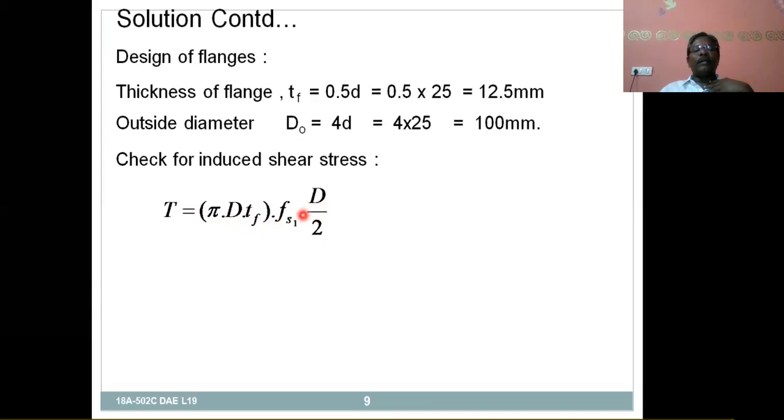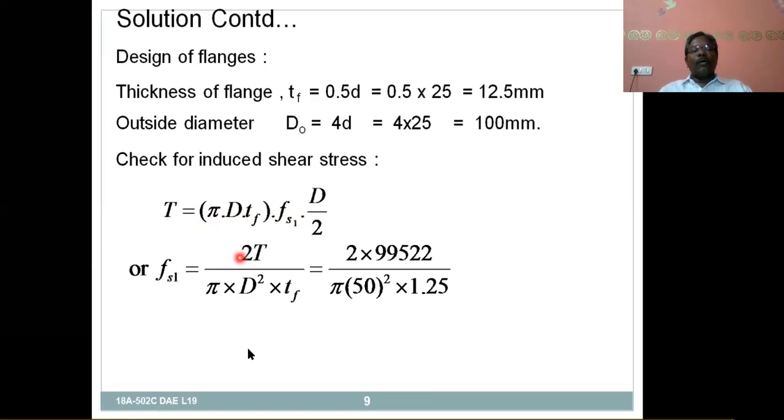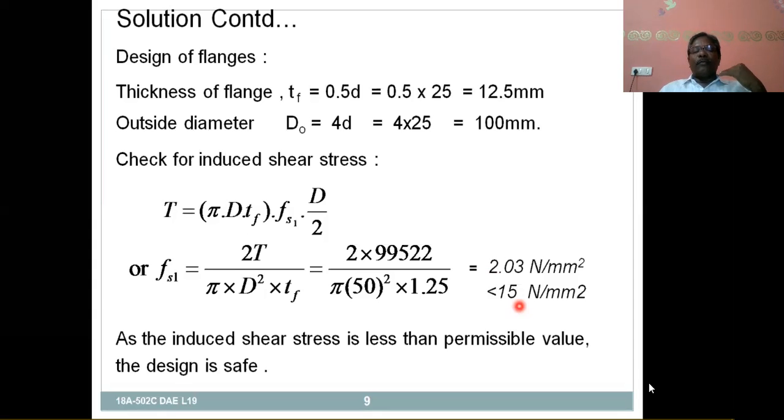After substituting, let us calculate the induced shear stress. Because D is there for us, that is 2D, that is 50, and TF is there, 12.5, and torque is also there for us. The only unknown value here, induced shear stress, after substitution, you will get 2.03 Newton per mm square, which is less than its permissible value.